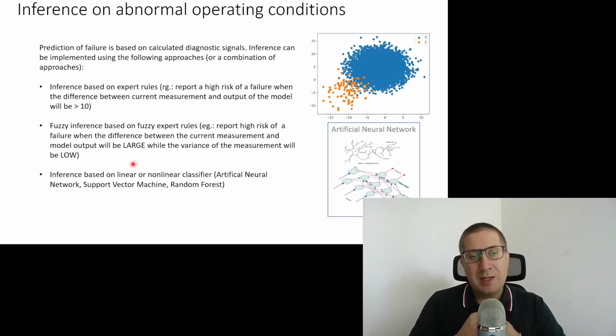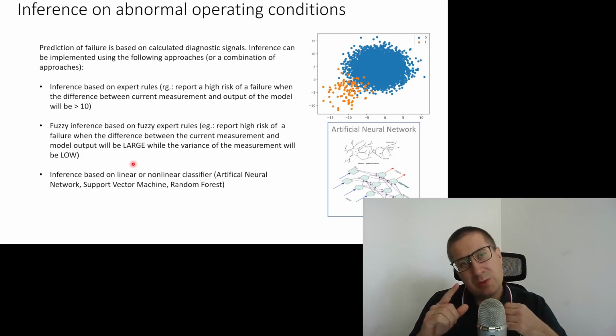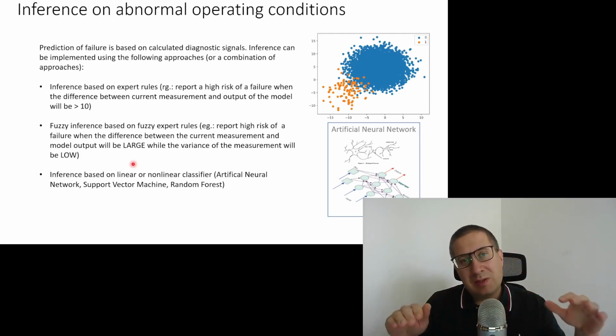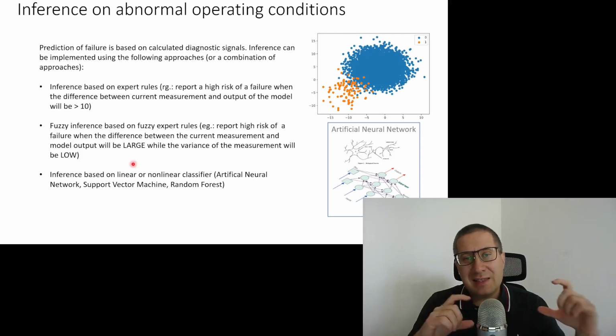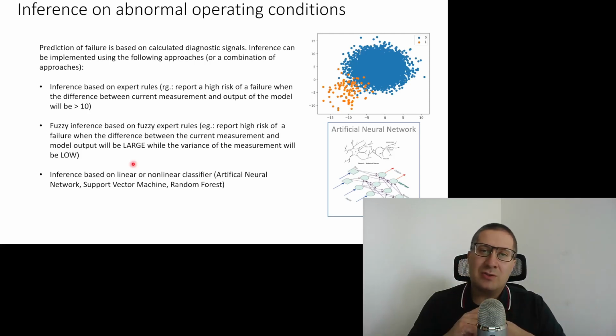Or we can use a nonlinear or linear classifier to infer the risk of a failure. But in this case, we need to have enough samples, enough cases on which we can train the classifier.